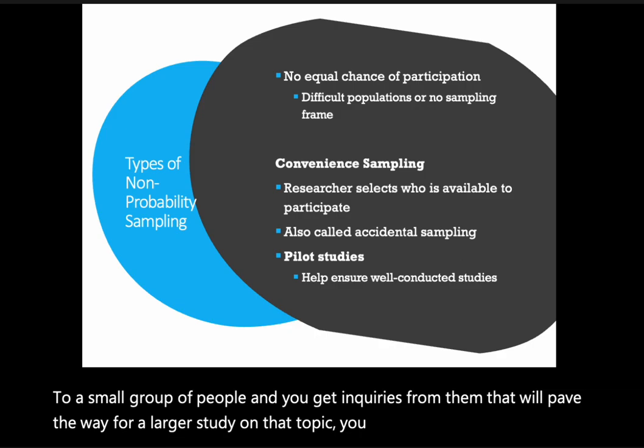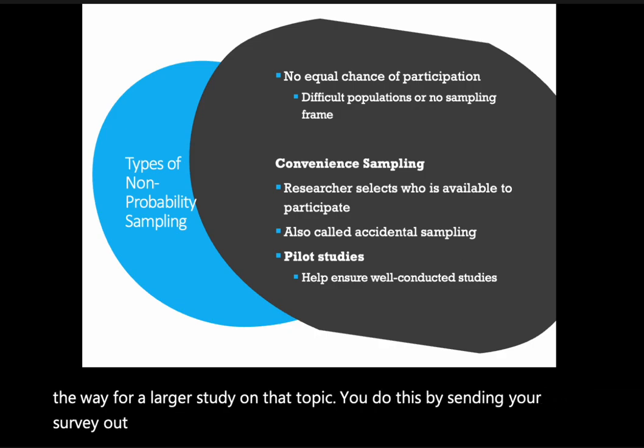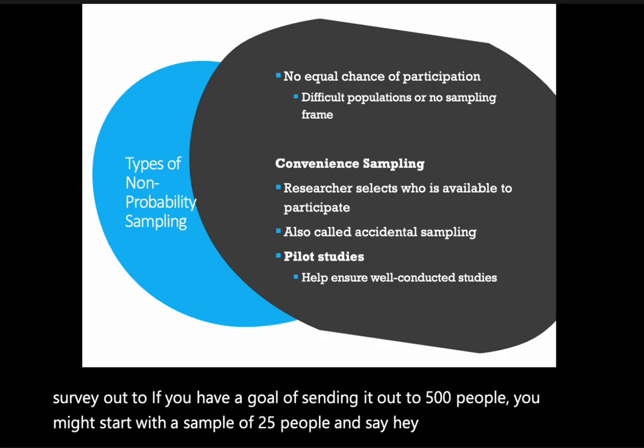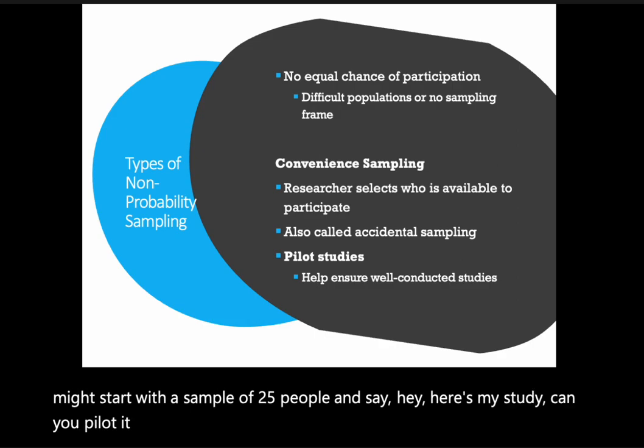If you have a goal of sending it out to 500 people, you might start with a sample of 25 people and say, hey, here's my study. Can you pilot it? Give me feedback, and let me know what worked, what didn't work.